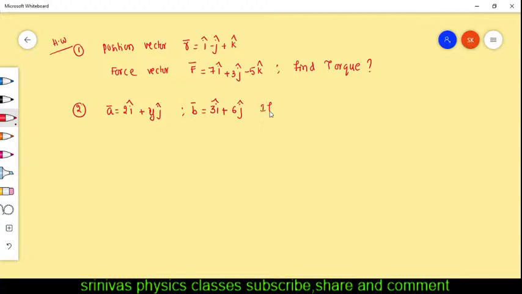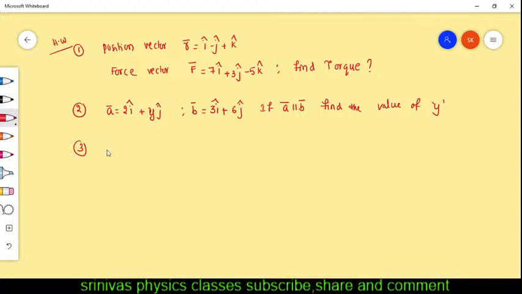If A bar is parallel to B bar, find the value of y. Two vectors are parallel, then you have to find out the value of y.